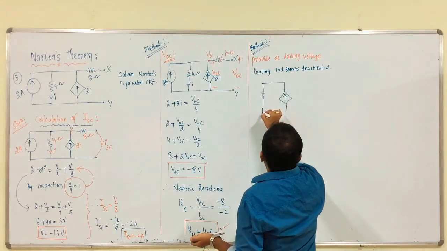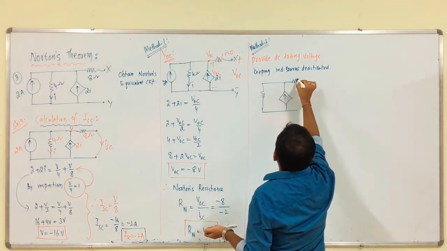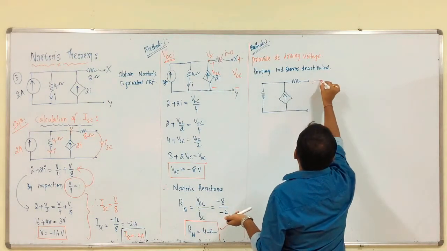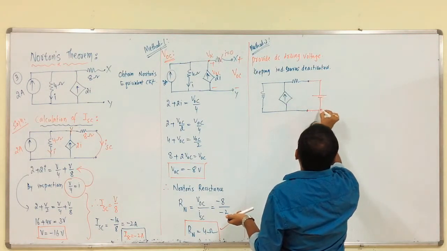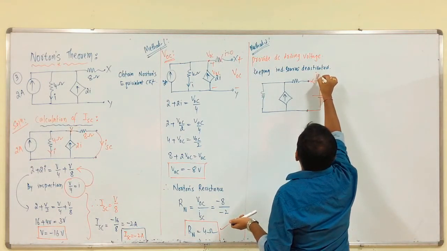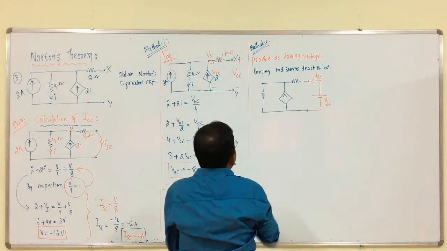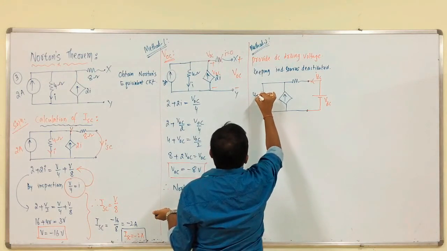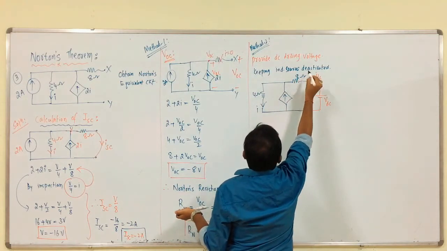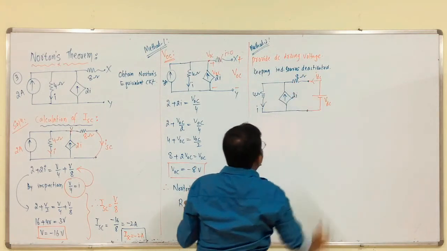Okay? Then the circuit becomes like this only, right? Between these two terminals we have to provide VDC. Because of this we have IDC. This is 4 ohm, this is I, this is 8 ohm, this is 2I.